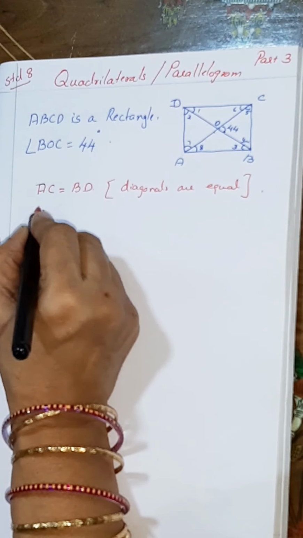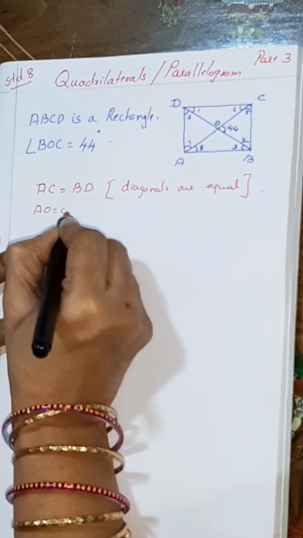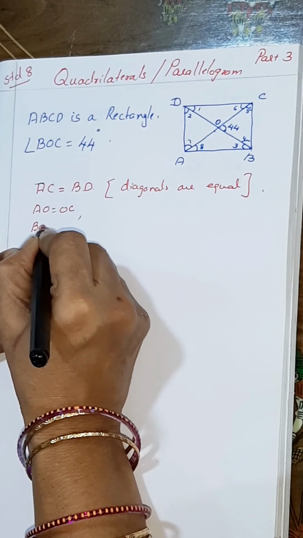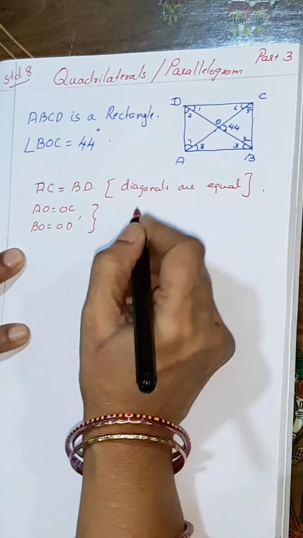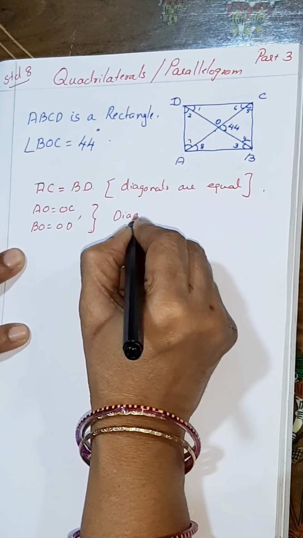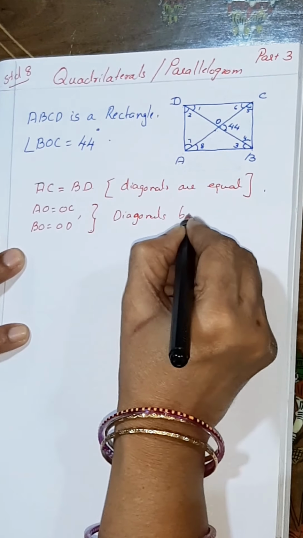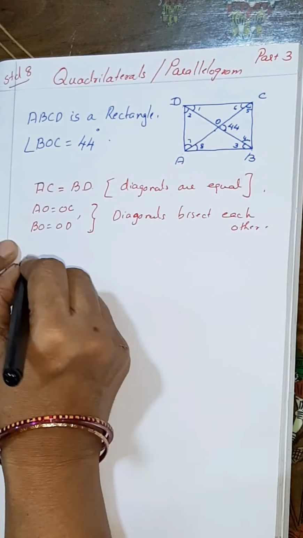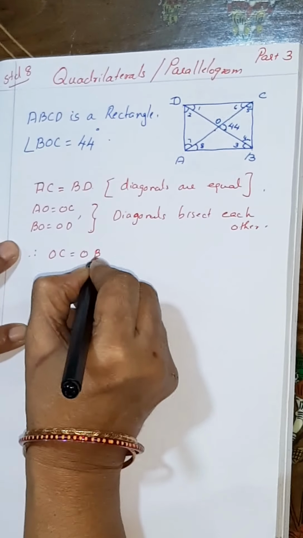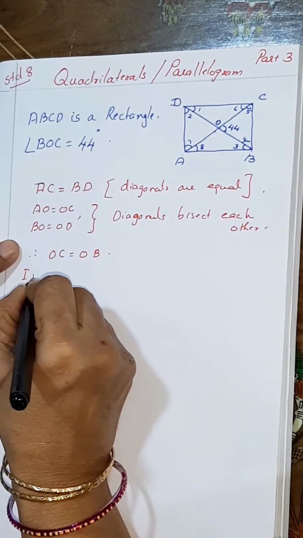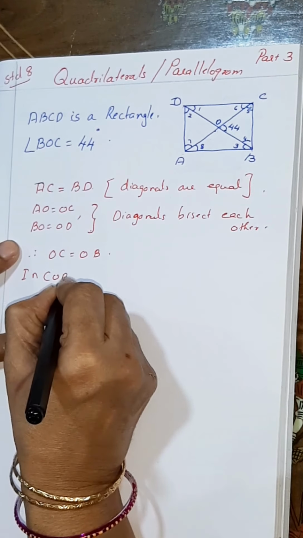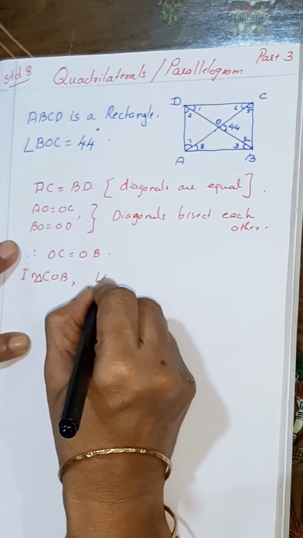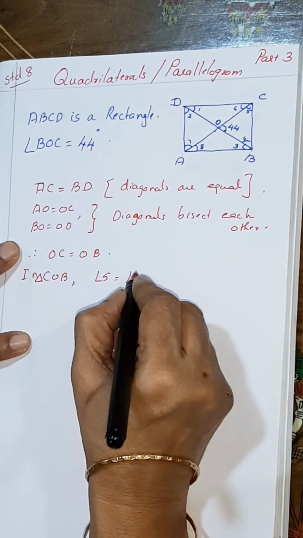Then AO equal to OC and BO is equal to OD because diagonals bisect each other. Therefore, OC equal to OB. So in triangle COB, angle 5 is equal to angle 4.